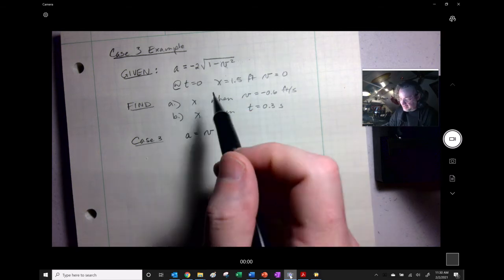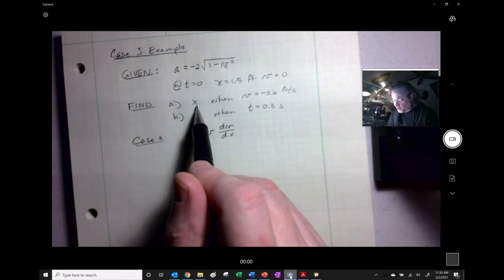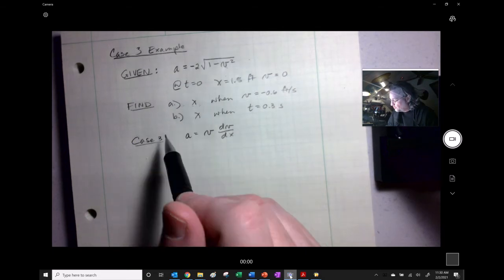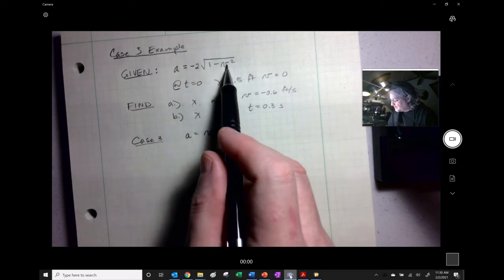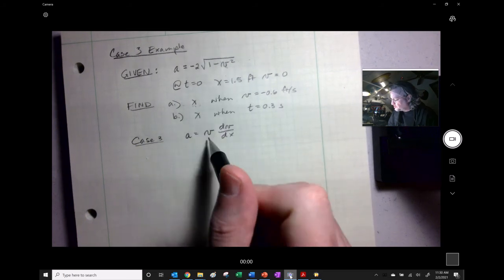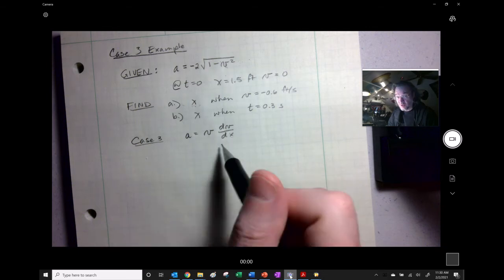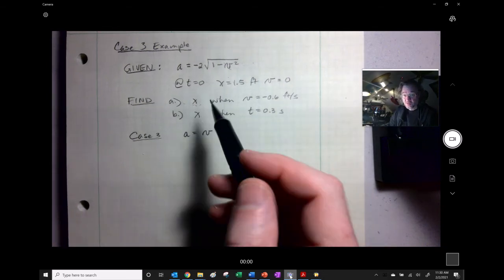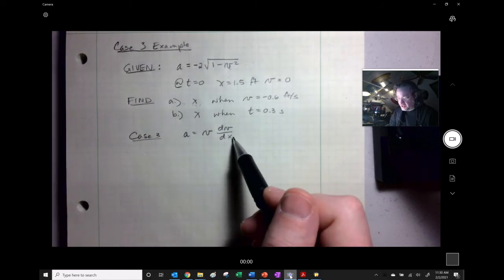Oh, by the way, in part A, we're going to use case 3. That is the case when this is a function of velocity, but because we're looking for position, we're going to go ahead and use this. That's the reason why we're using this right here, because we're dealing with acceleration as a function of velocity, but we're focused in on position.